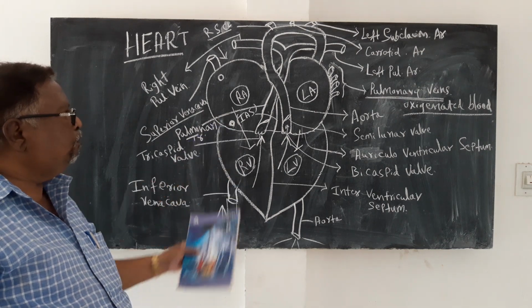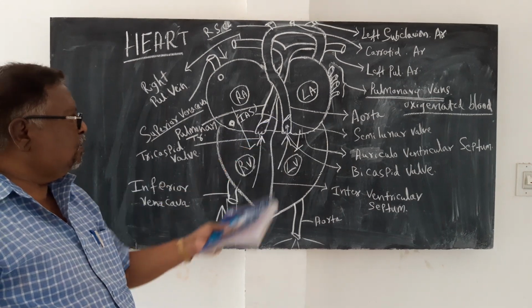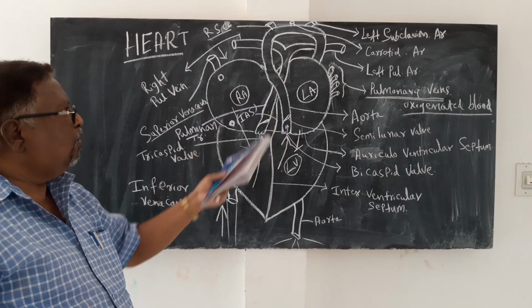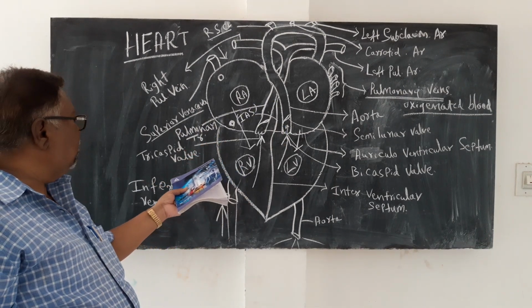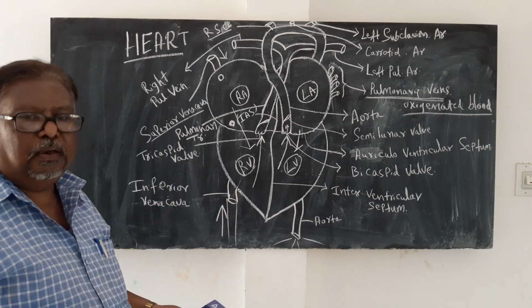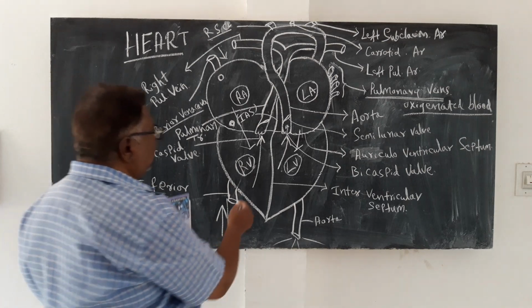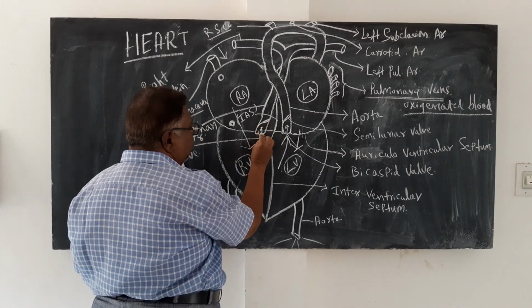The 4 chambers: pulmonary trunk, aorta, pulmonary veins, left ventricle, right auricle, left auricle, septum, then semilunar and tricuspid valves. The importance of the valves is that when the blood is pushed inside, these valves are closed back.